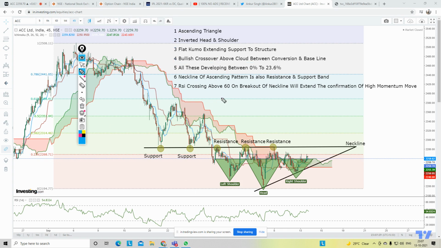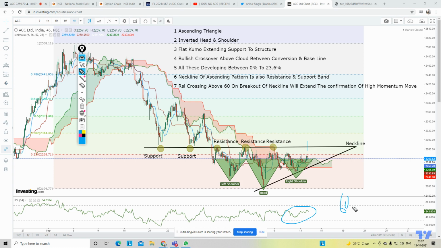The sixth important point is the neckline of the ascending triangle is also a support come resistance band, which I have already discussed with you. The last but not the least, just to add some spice on the entire momentum, is if the RSI crosses above 60. So, for example, when it breaks the neckline and the RSI is crossing 60 or above 60, it will be an extended confirmation of a high momentum move.